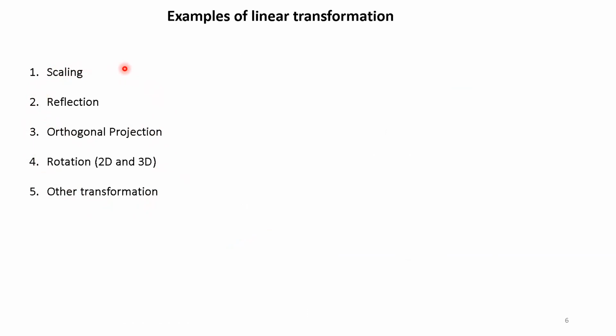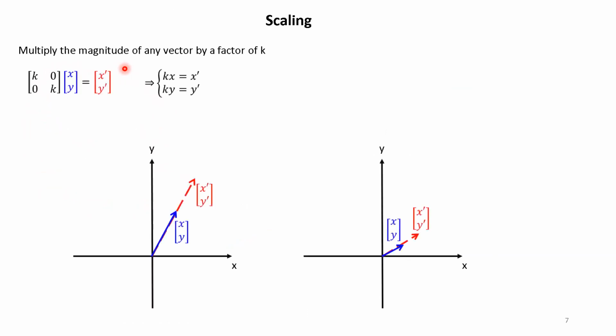The first one is known as scaling. What does scaling mean? It means that you multiply everything by a scale factor that you choose. If you take any vector x, y, after the scaling you will have a vector of a different length.